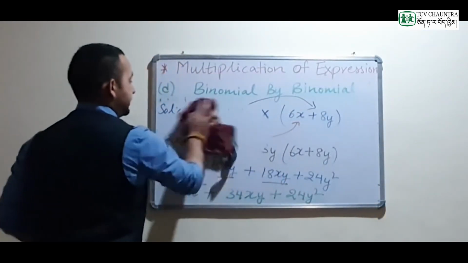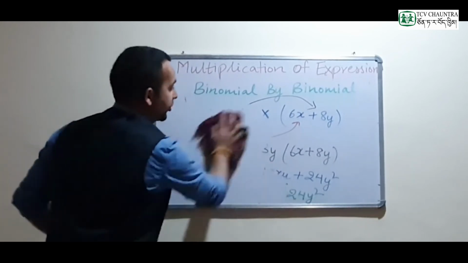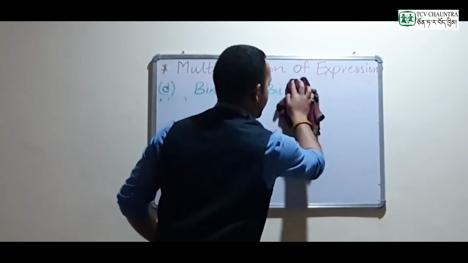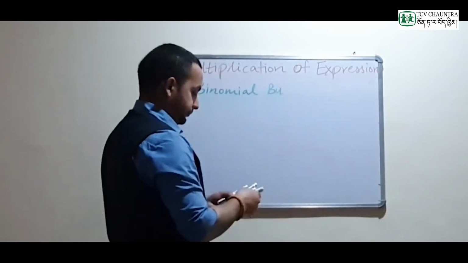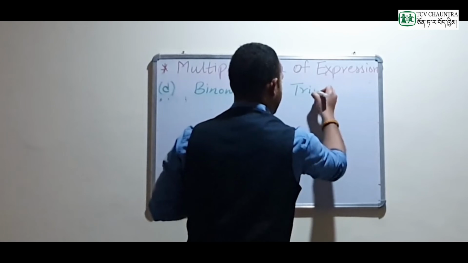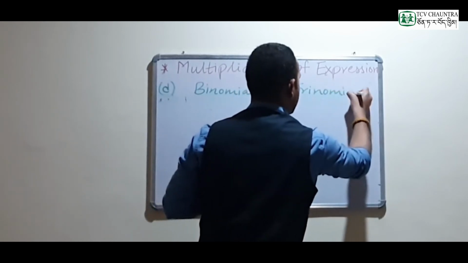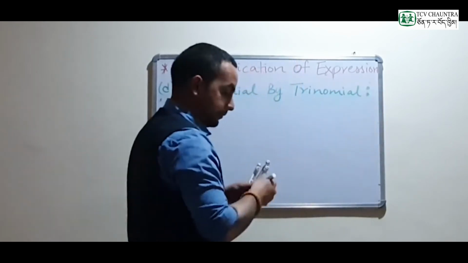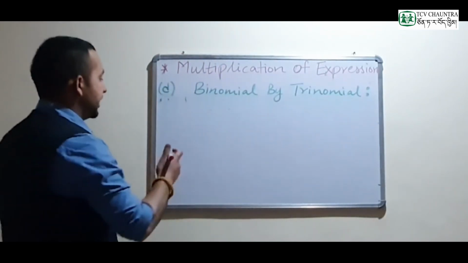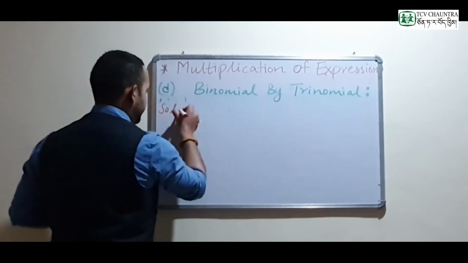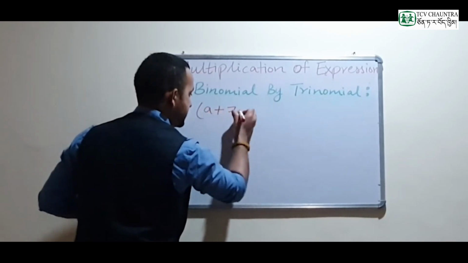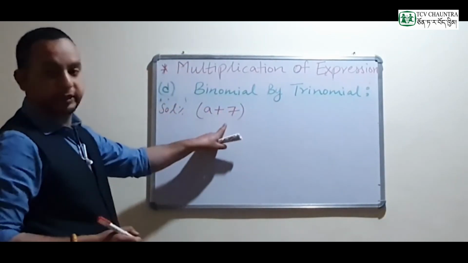Next we have binomial by trinomial. Suppose I take an example. a plus 7. This is a binomial, right?